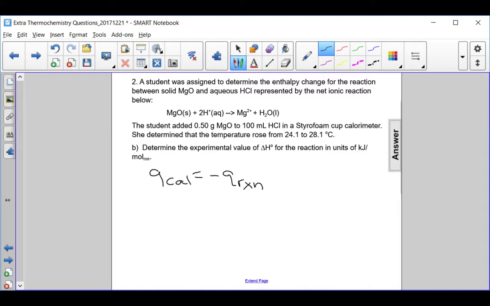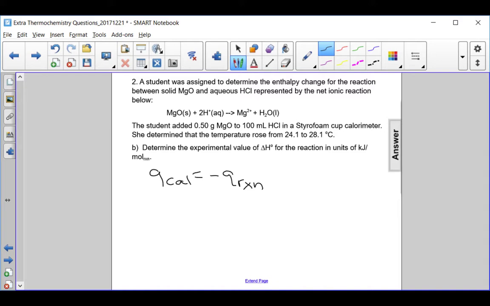So heat gained is equal to heat lost. Okay, so the heat that the calorimeter gained in going from 24.1 to 28.1 degrees is because the magnesium oxide released that heat.